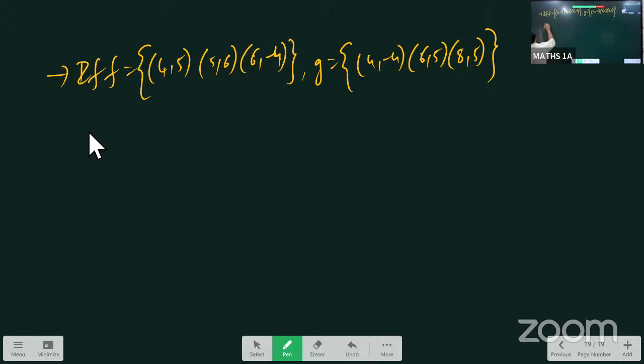Then first bit, f plus g. So many bits are there.